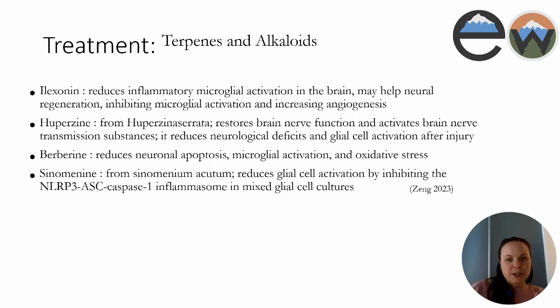Terpenes, more terpenes and alkaloids. From this list, I think maybe some people have heard of berberine. So berberine is supposed to be great for a number of things, right? What I typically use it for with individuals, or individuals have used it before in talking about their treatment with me, is for controlling gut microbiome.